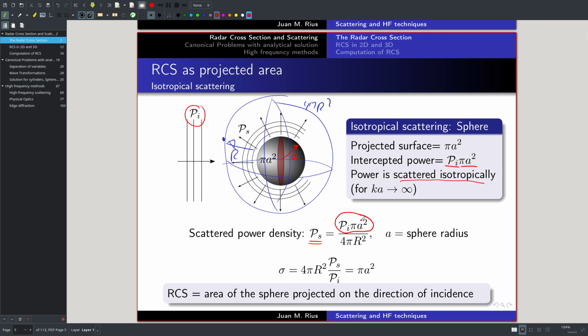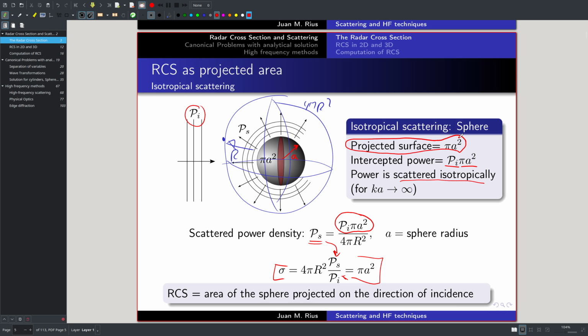So we substitute this scatter power density in the formula of the radar cross-section. We have the incident power density here. It cancels out, and what we get is that the radar cross-section is equal to pi a squared. That is, the RCS, which is the equivalent intercepting area, is equal to the projected surface of the sphere.